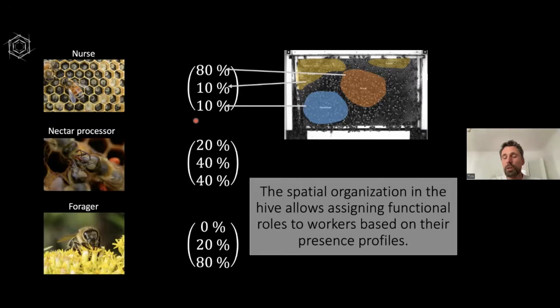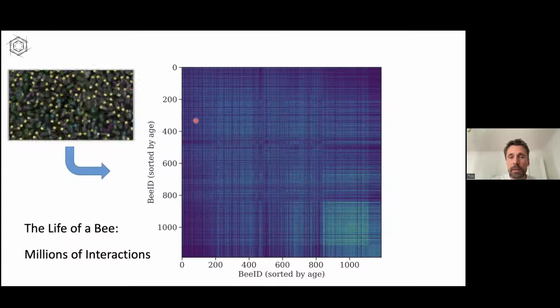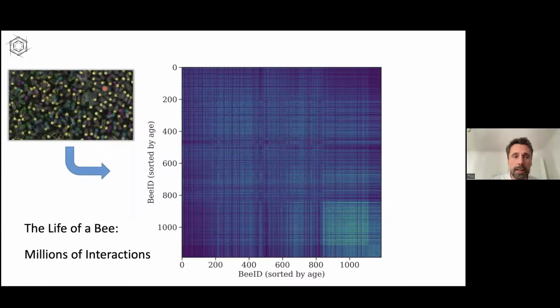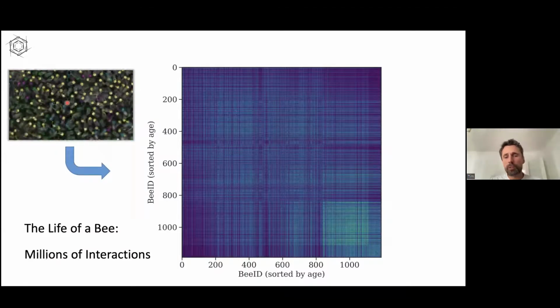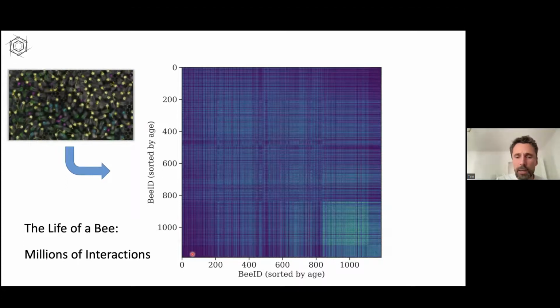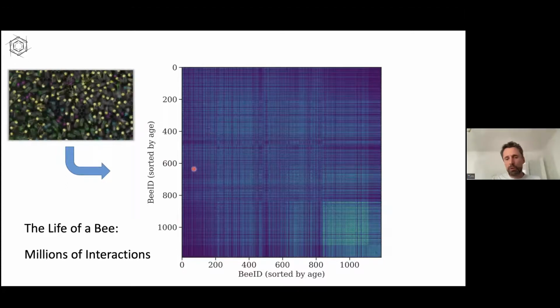So positions in an unknown system wouldn't give us more, but we would know who's doing what with whom. And that is exactly what we did in this study. So we used the tracking data to come up with social interaction matrices, and they roughly looked like this.